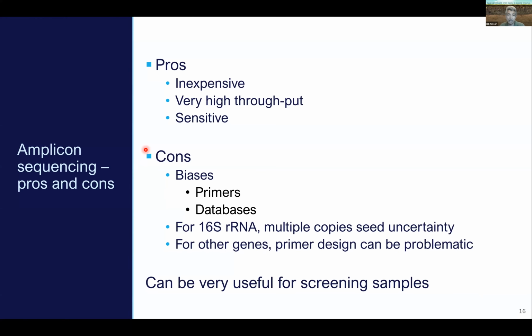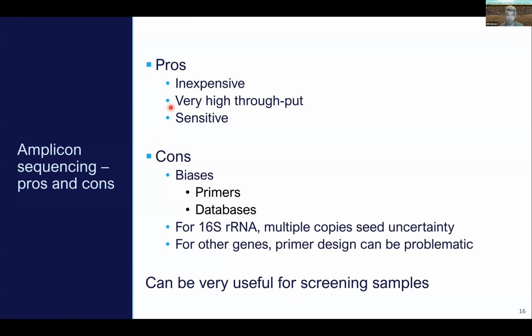For 16S, if you're looking at that to say how many of my organism are present in the environment, it's important to consider that there are different copy numbers of 16S or ribosomal operons in different bacteria. So if one organism in your environment's got 12 ribosomal operons and another one's only got one, then that will throw off your numbers. And so that's something you just need to consider if you're using 16S.